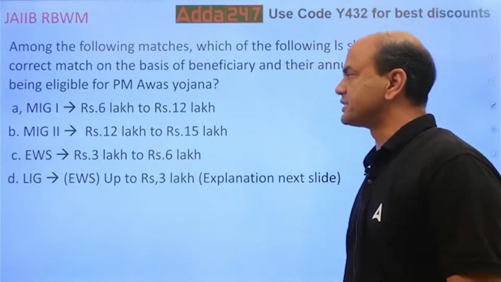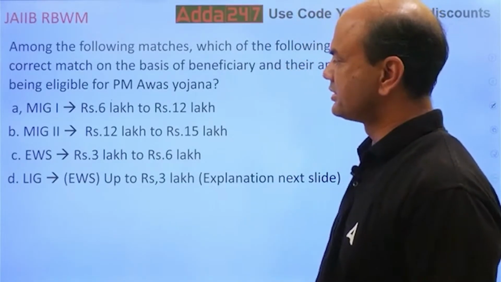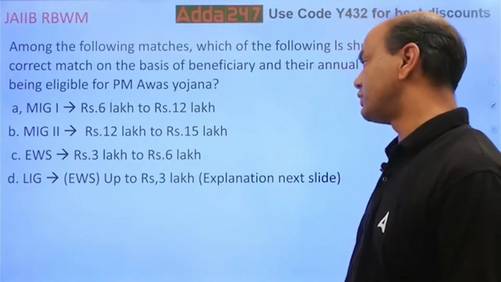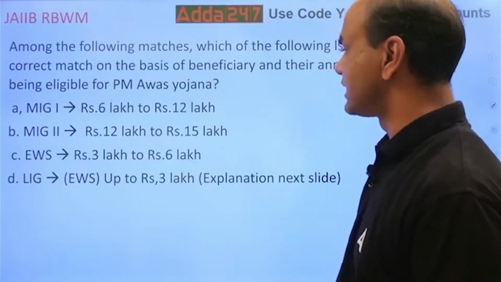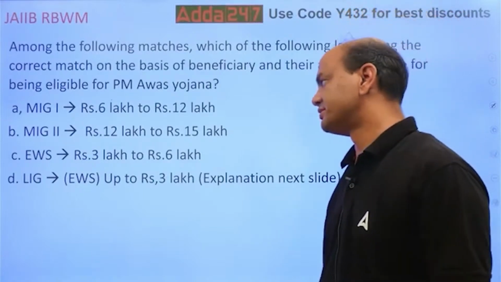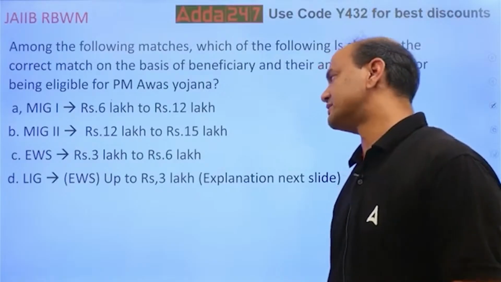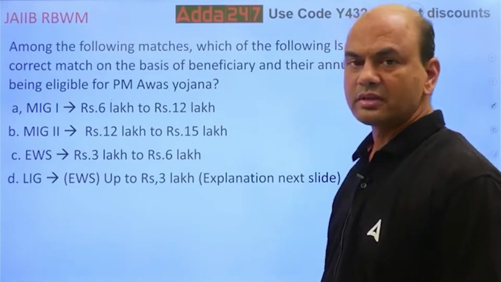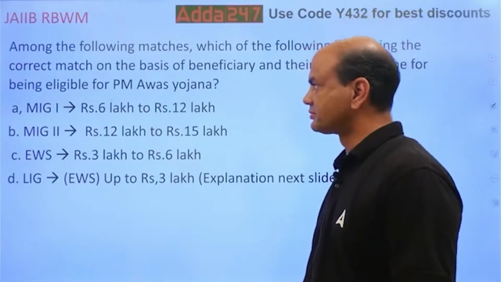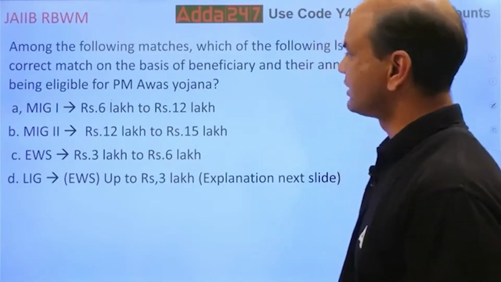Is MIG 1 6 lakh to 12 lakh? Is MIG 2 12 lakh to 15 lakh? Is EWS 3 lakh to 6 lakhs? Or is it this LIG up to 3 lakh? Think.